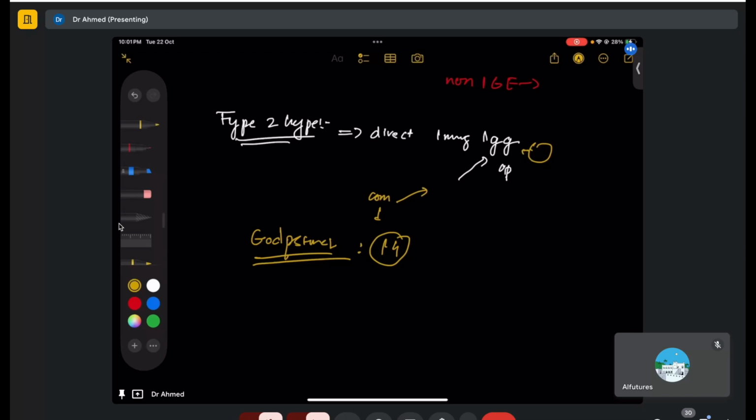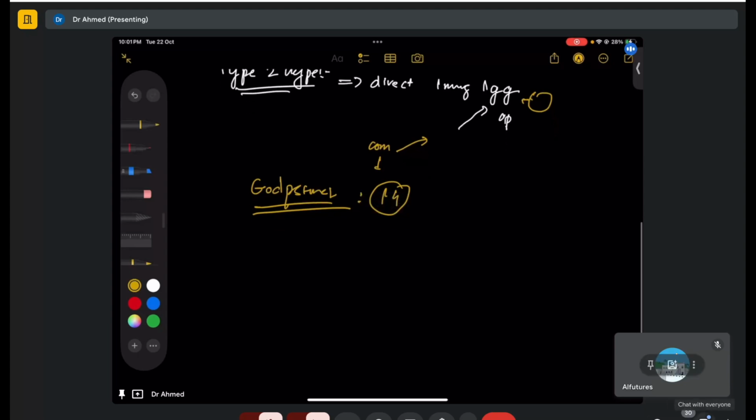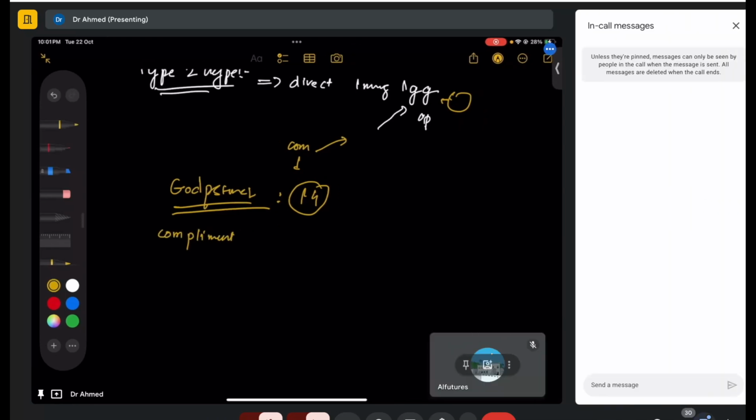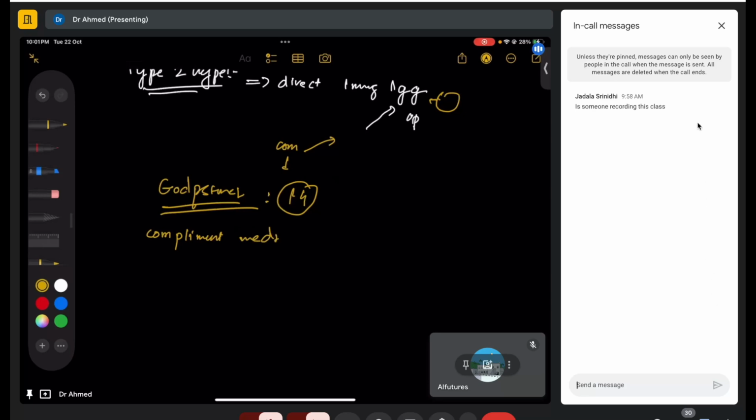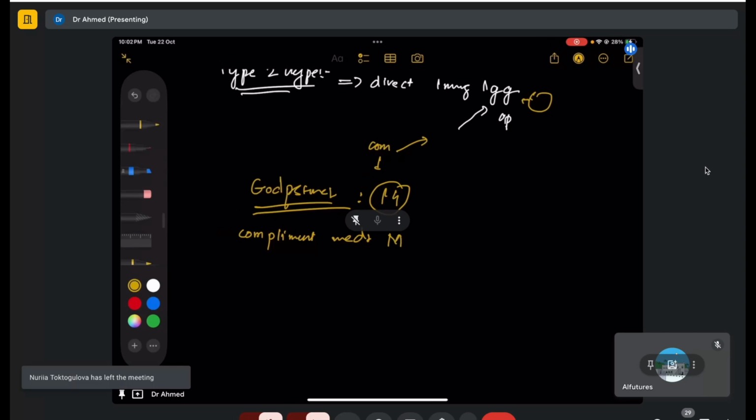So what's the main idea? You are going to see complement mediated destruction. We have already discussed some of the components of the complement system. Ultimately, you are going to see the membrane attack complex, which is going to destroy your target cells that have been tagged by certain antibodies.